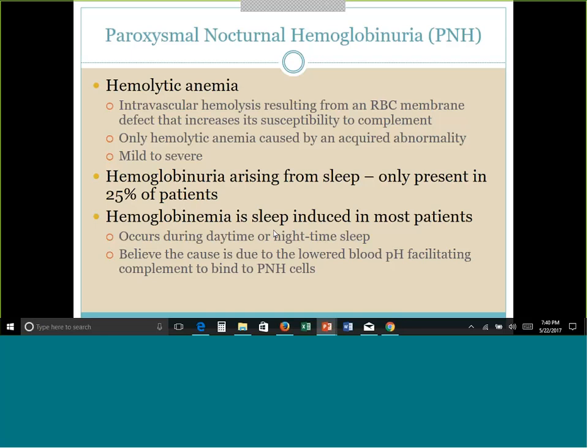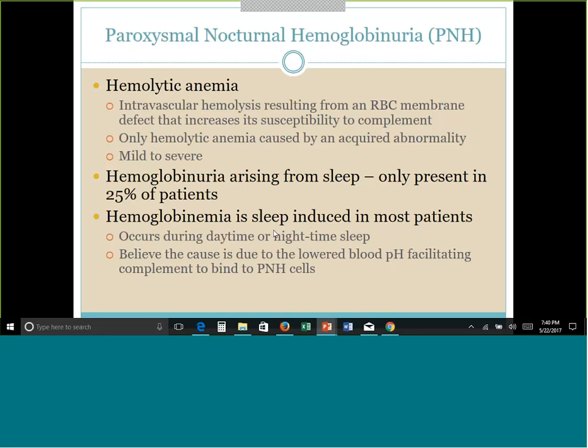If they destroy it, well, in this case, if they are seeing that defective membrane of that red cell as something that shouldn't be there, they will set out and destroy it. By destroying it, that results in your hemolysis. So very important you remember, it's intravascular hemolysis. It's due to an acquired red cell membrane defect, very susceptible to complement destruction, which is what's giving it the hemolysis occurring in the disease.